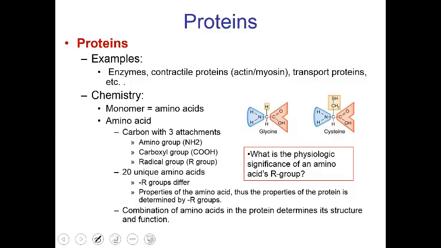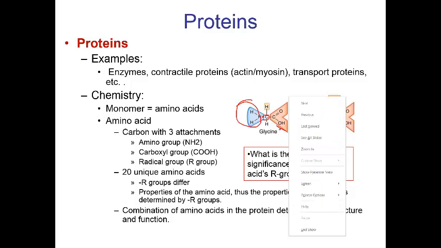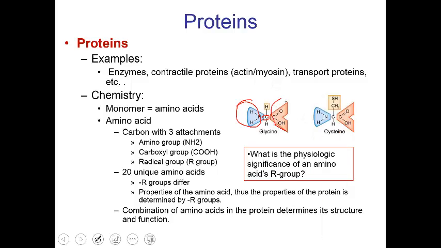Every single amino acid has an amino group, which is the NH2 group right here that I'm circling in blue. Every amino acid is going to have that central carbon core right here. And every amino acid is going to have a carboxyl group, which is the COOH group right here.